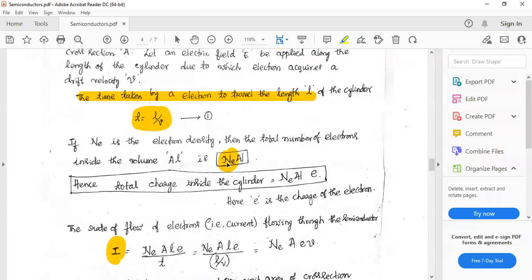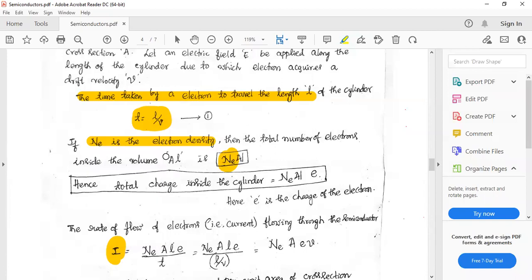You can see I have written here Ne is the electron density. Now, what is the meaning of electron density? Number of electrons per unit volume, right? If I multiply the electron density with the volume, I will get the number of electrons, isn't it? Again, Ne is the electron density, that is nothing but number of electrons per unit volume. Therefore, if I multiply electron density with the volume, I will get the total number of electrons, right?